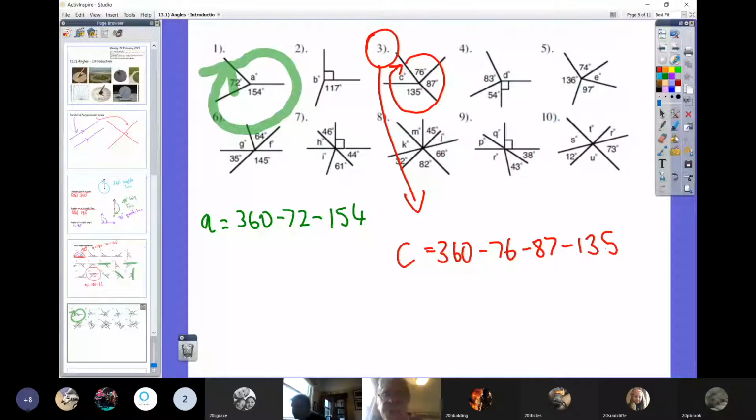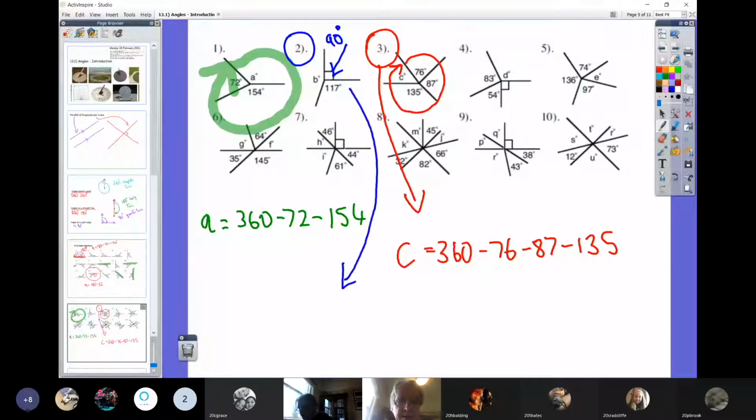Now, what about question 2? Same idea, but you've just got to remember that angle there is 90 degrees. That little square is 90 degrees. So to work out what B is, we're going to say it's 360, take away 90, take away 117.